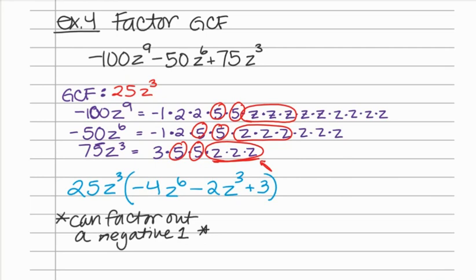Sometimes it's believed that if your leading coefficient, if you remember, this is our leading coefficient, is negative, you do want to divide out or factor out a -1. Not always, like I said, strategically, sometimes it's better. Other times, like mathematics etiquette, you divide out the -1 if it's a leading coefficient that's negative.